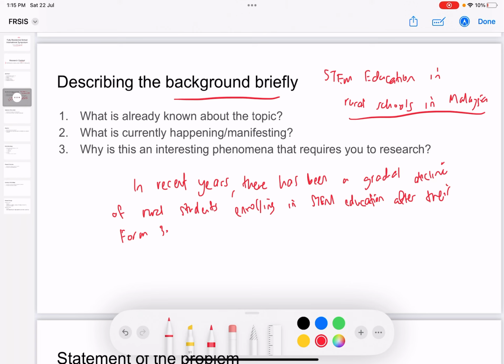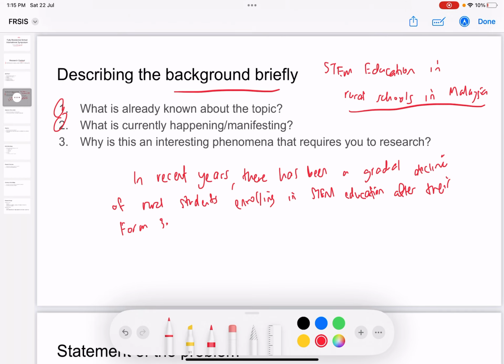Okay, so what is currently happening? So basically 1 and 2 are very connected. And why is this an interesting phenomenon that requires you to research? So maybe you can write another sentence. In recent years, there has been a gradual decline of rural students enrolling in STEM education after their form 3. So why is this interesting? Again, I'm writing something very simple here.